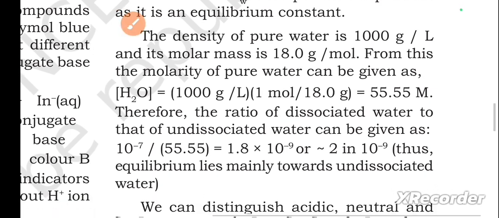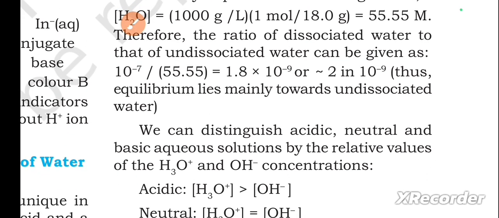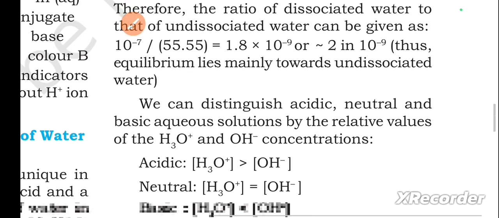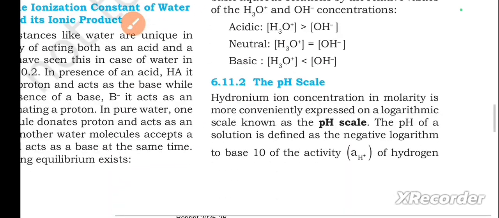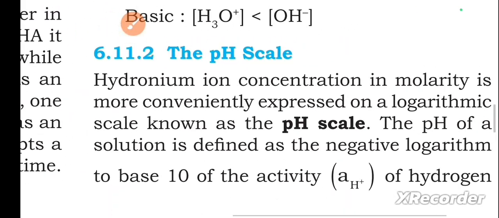From this, the molarity of pure water can be given as H2O equals 55.55 moles. Therefore, the ratio of dissociated water to that of undissociated water can be given as this. We can distinguish acidic, neutral and basic aqueous solutions by the relative values of the H3O+ and OH- concentrations. Next, the pH scale.